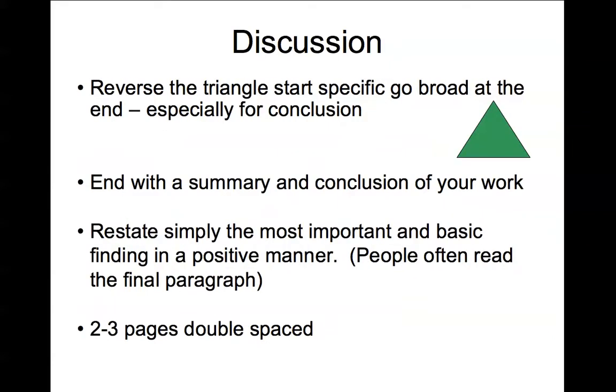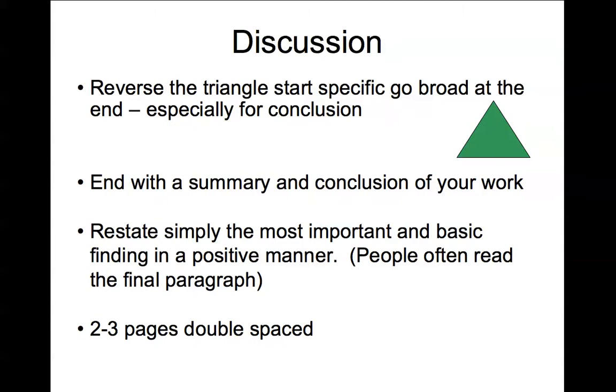So the discussion starts out like the reverse triangle. It basically starts specific, talking about your specific results in the context of others and in the context of your hypotheses, then expands out and puts it in context of the literature that's known, and then generally what it means.